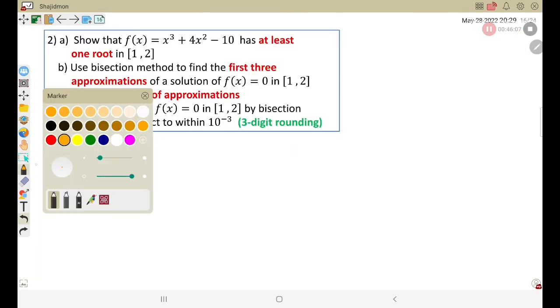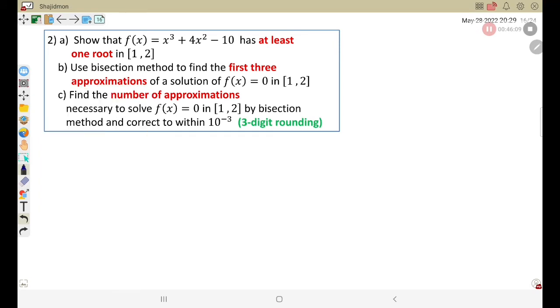Question number 2: show that f of x equal to x power 3 plus 4x power 2 minus 10 has at least one root in between 1 and 2. The first part means we need to check the location. Second part, find the first 3 approximations, that means P1, P2, P3. We need to calculate this.